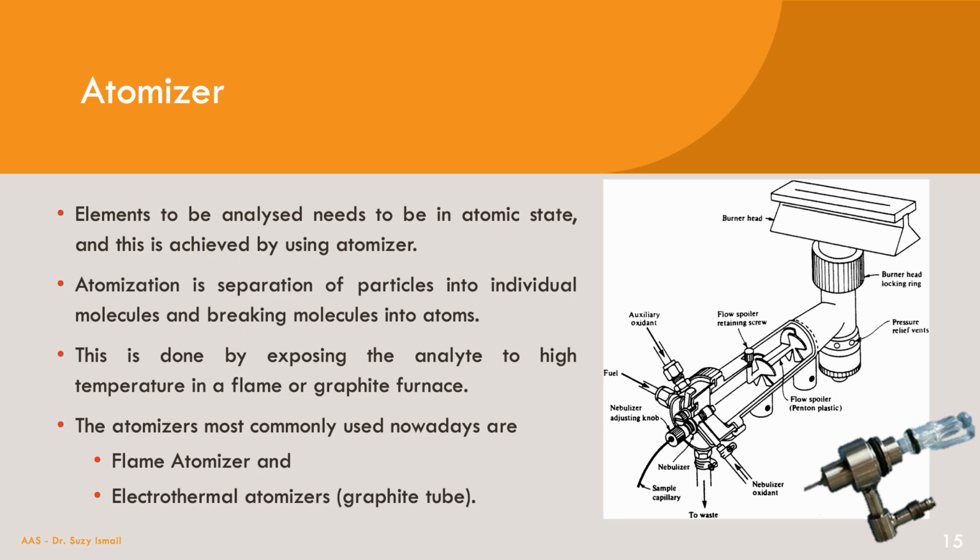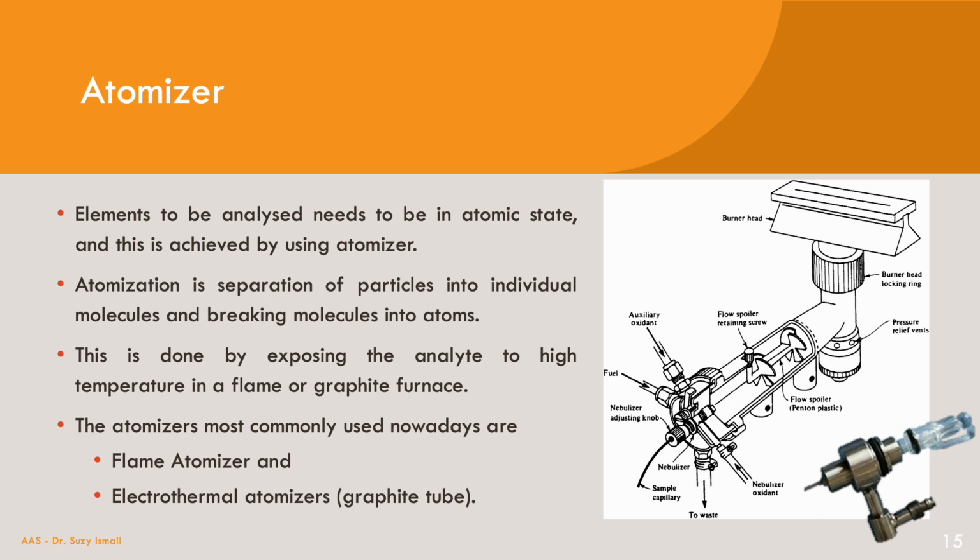Atomizer. The elements to be analyzed need to be in an atomic state. It's not in a liquid state, because just now you have the nebulizer, it is in a mist, and once it is in a mist, it is actually in a form of vapor.